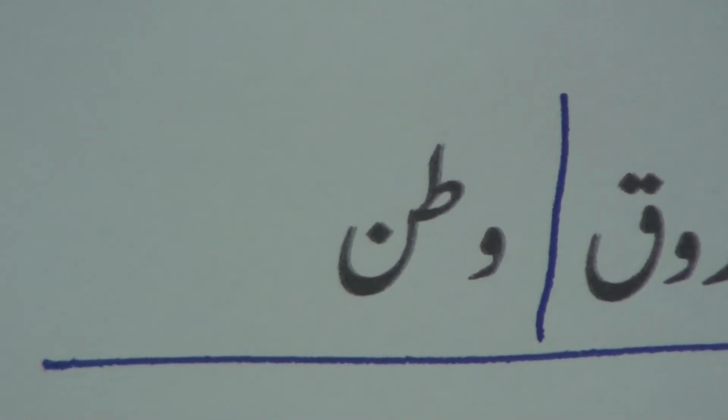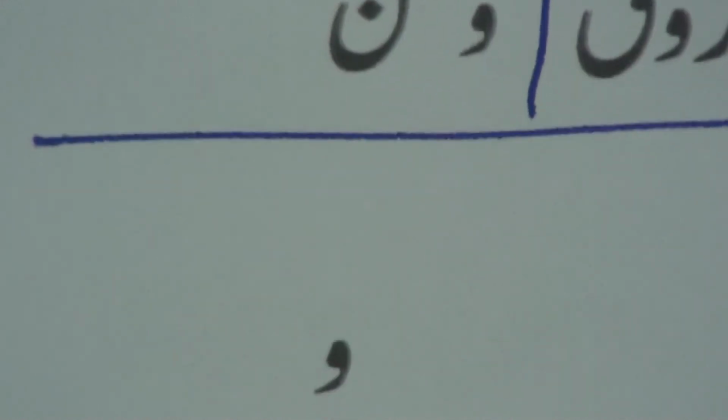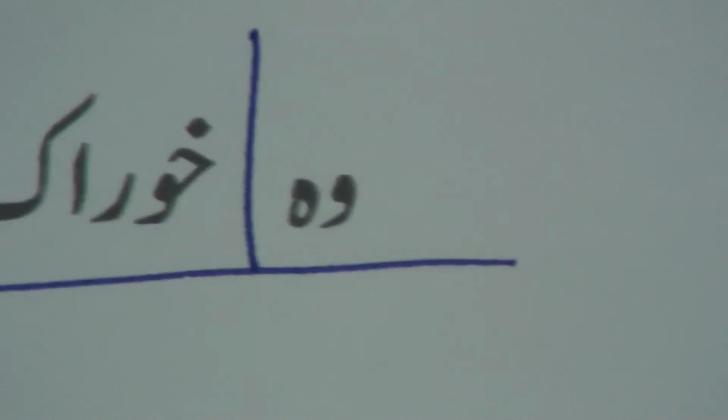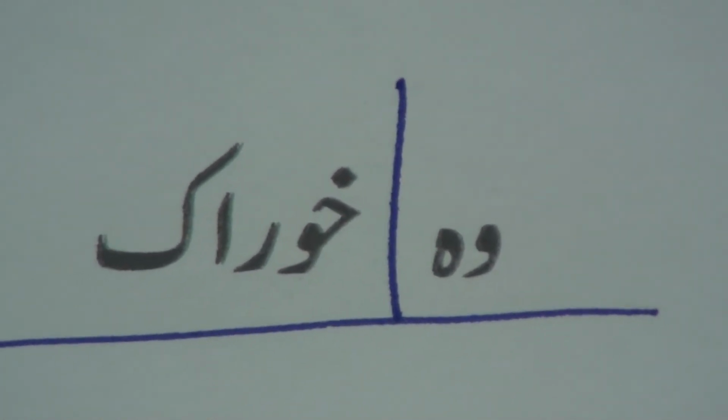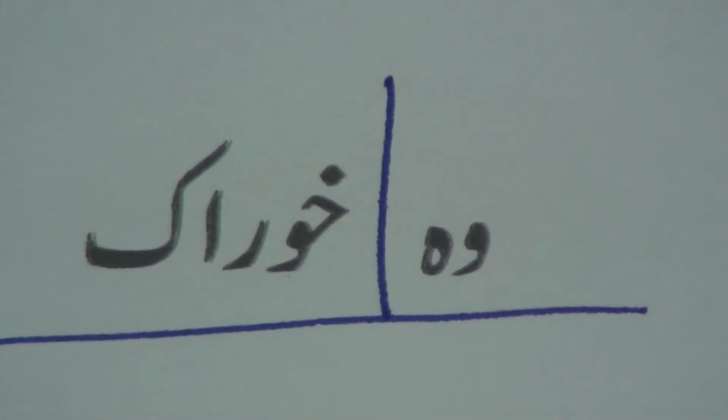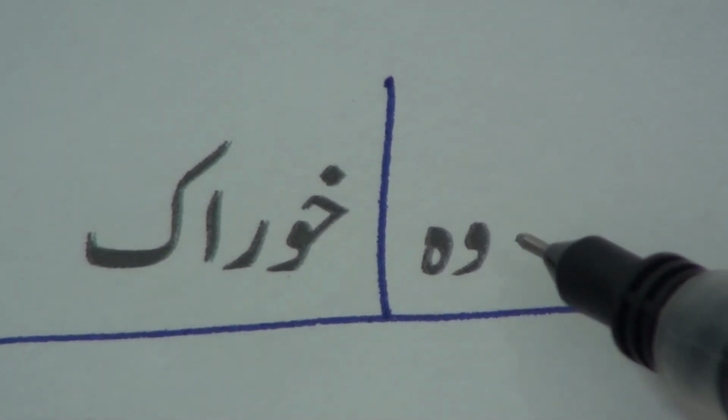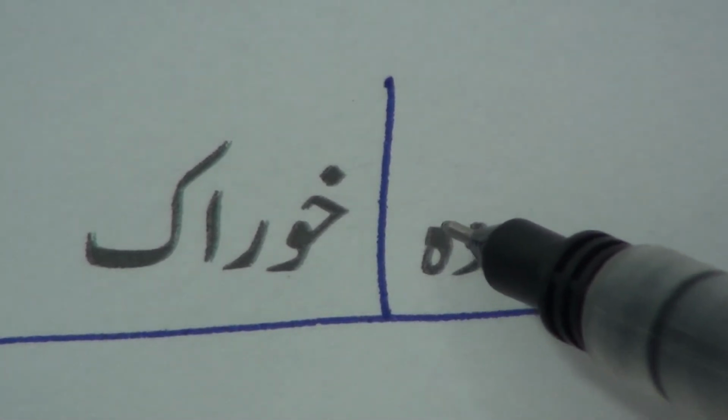After noon comes vav. As you know, vav is a non-connecting letter, so no letter after it is connected to it. Here is the word vo. Since vav is a non-connector, he is written separately.